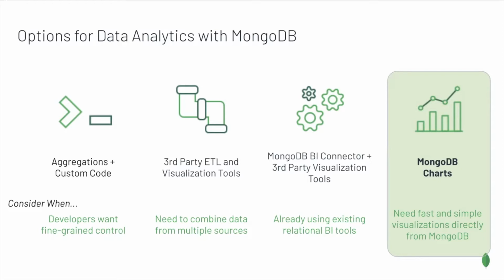Another way to surface MongoDB data to traditional BI tools without data movement, duplication, or ETL is through the MongoDB Connector for BI. Nothing changes for the data analyst. They still access MongoDB data through their familiar business intelligence tools.